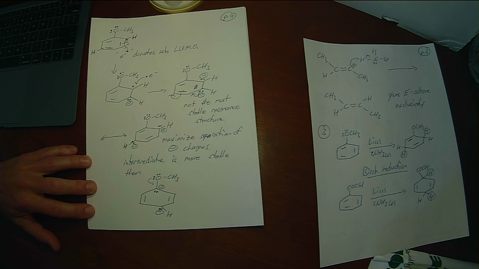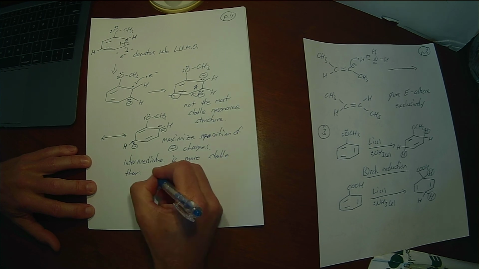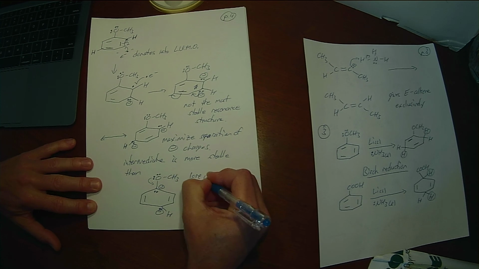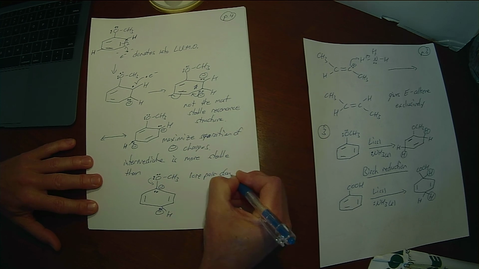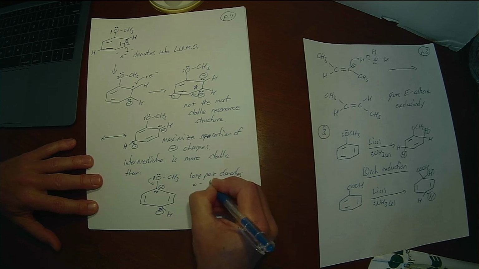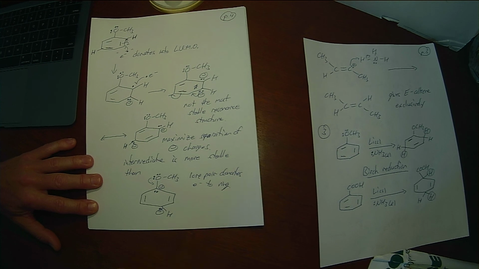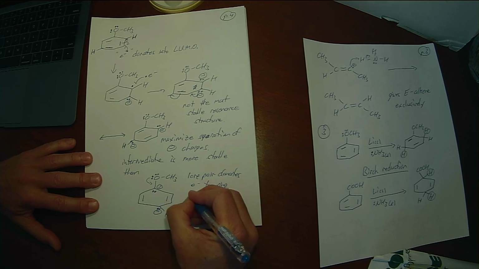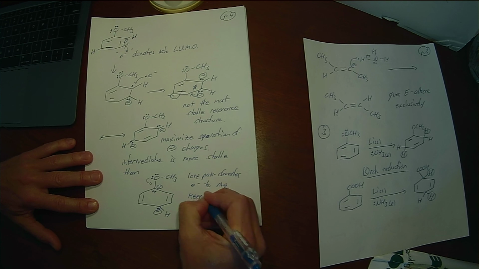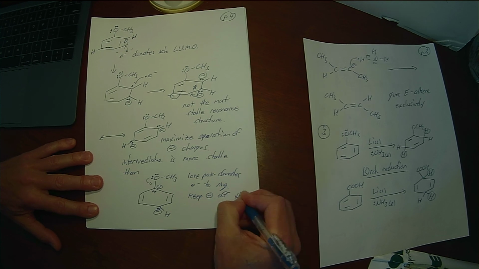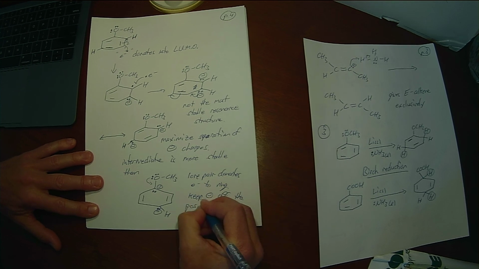If positive charge is stabilized, then negative charge is probably destabilized. So the lone pair is electron donating to the ring. So you want to take the negative charge and keep it away from the position adjacent to the lone pair.